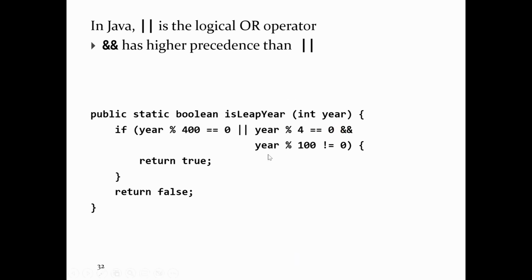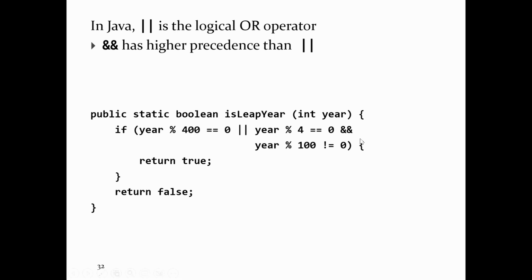So take the year, divide it by 100, and look at the remainder. If the remainder is not 0, then the condition is true. So, for example, the year 2100 is not a leap year. It's divisible by 4, but it's also divisible by 100, and it's not divisible by 400.